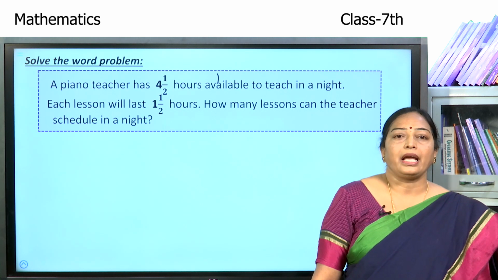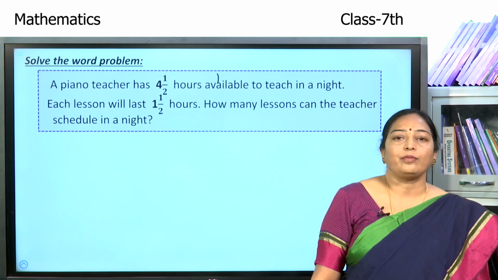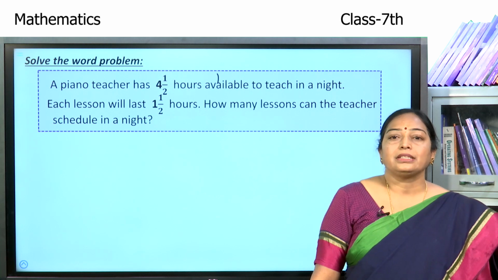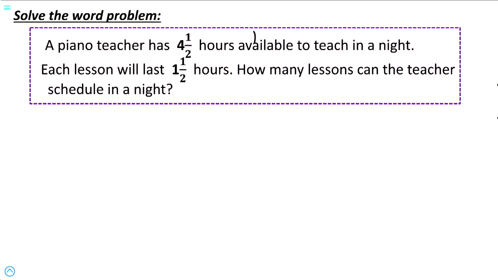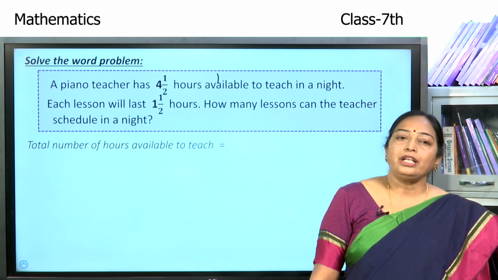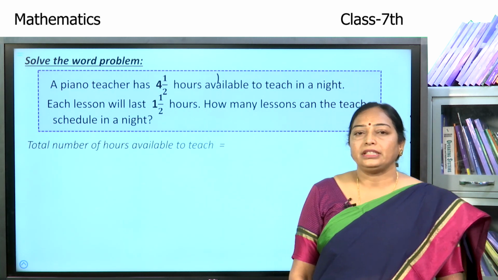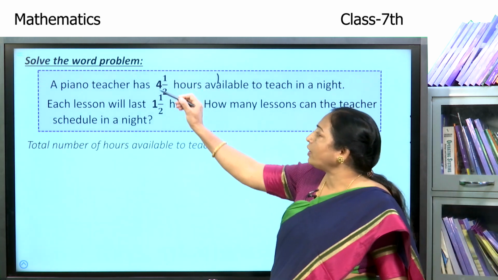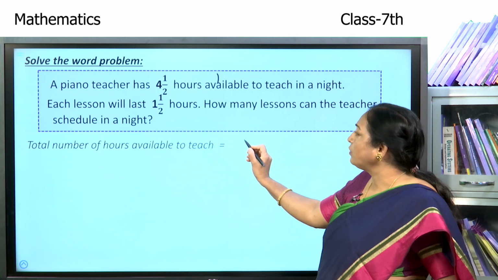A piano teacher has 4.5 hours available to teach in a night. Each lesson will last 1.5 hours. How many lessons can the teacher schedule in a night? Let us solve this. Total number of hours available to teach for the teacher is 4.5 hours.